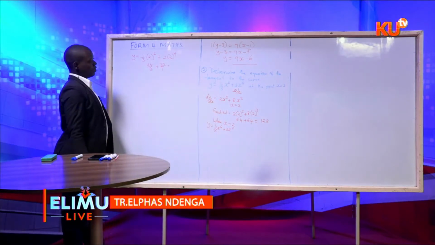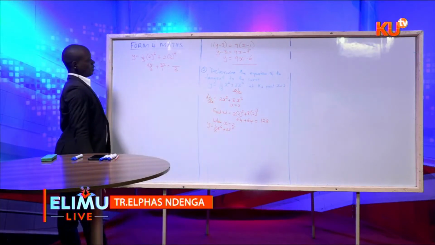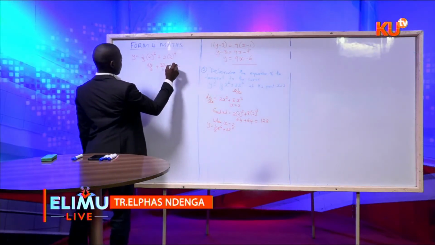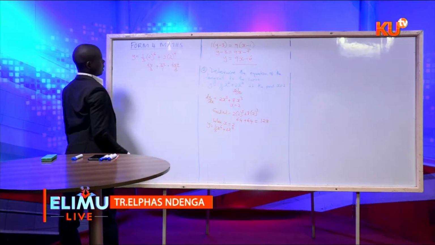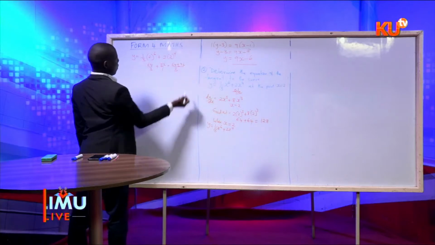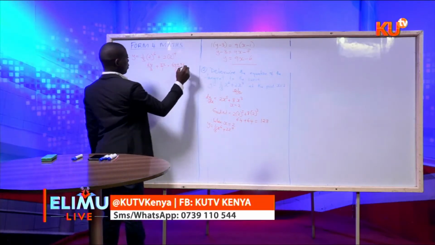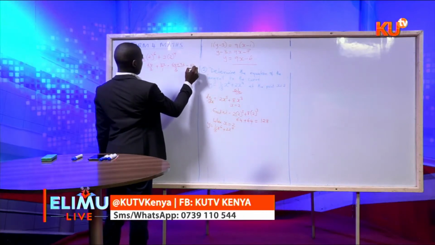So we sum this with an LCM of 3: 64 plus 3 times 32 is 96. If you add the two, 64 plus 96, that is 160 over 3.